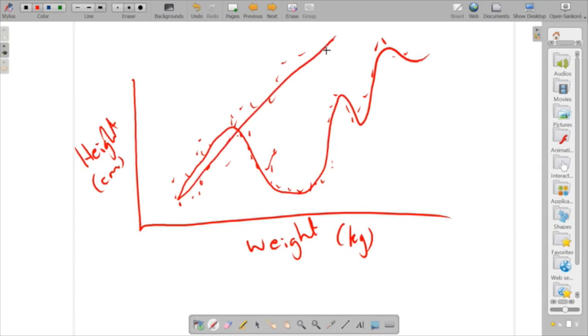Now, of course, we've discussed uncertainty previously in the data, so obviously there'll be some scatter on our data points, represented by my random dots, and they might go up and down a little bit because there's uncertainty there. But if it looks like the actual relationship goes up and down like this, then that's not monotonic. So when we're looking at correlations, one of the really important things to do is plot the data points and have a look.